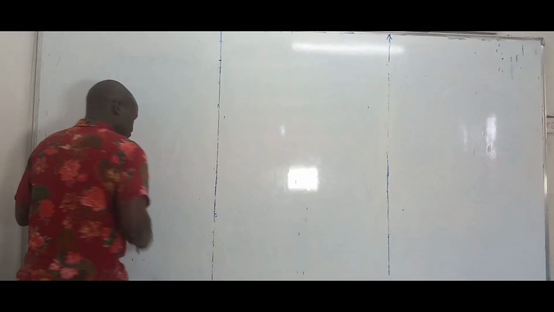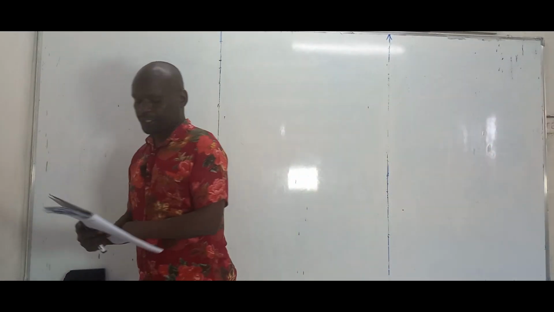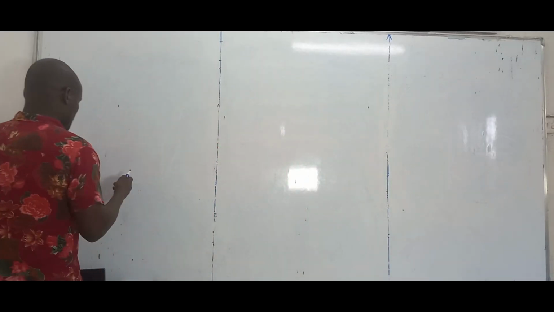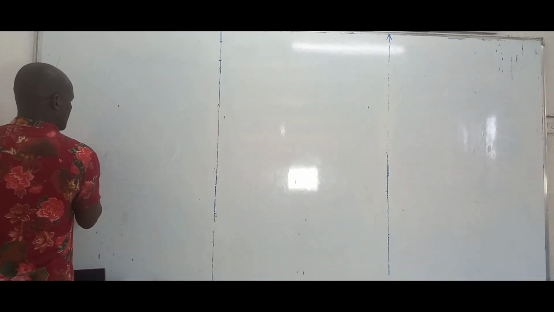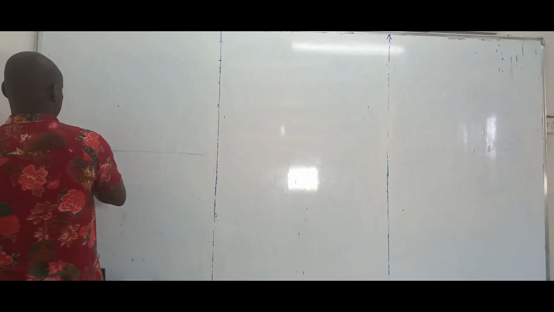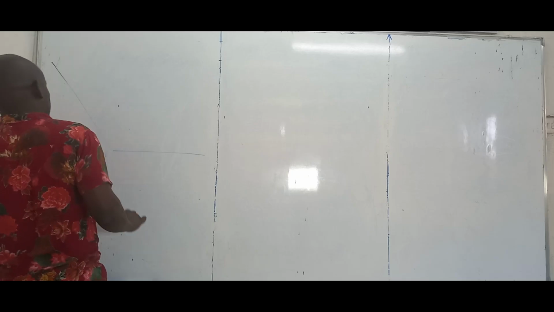The next question that I want us to consider is the one that has been projected on your screen. Let me draw it. This is what we had. I've extended this so much.